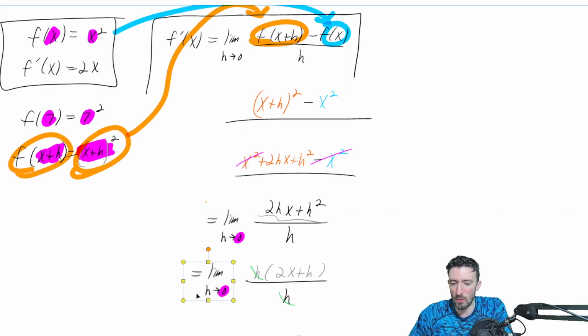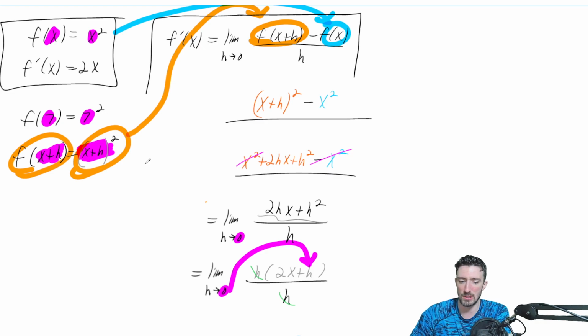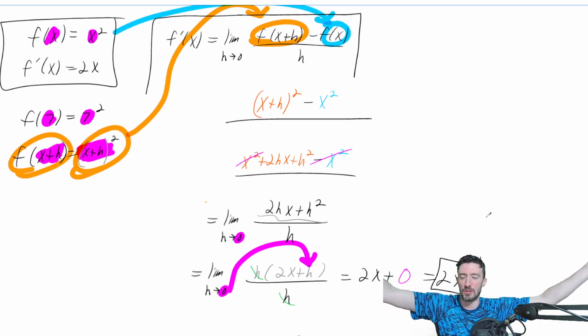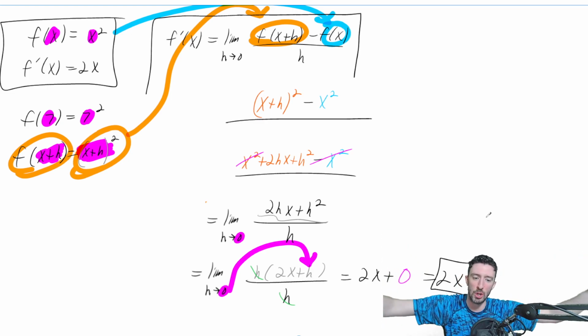So now when I take that 0 and I plug it in, I'm not having to plug it into the bottom anymore. The only h that's left is right there. So it's going to be 2x plus 0, which is 2x. We proved it. All right, we did it. We proved the derivative of x squared is 2x.